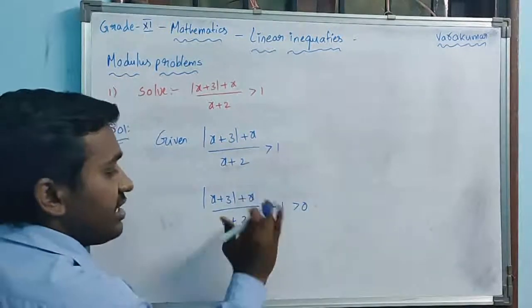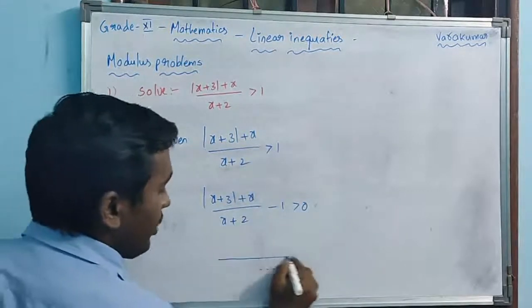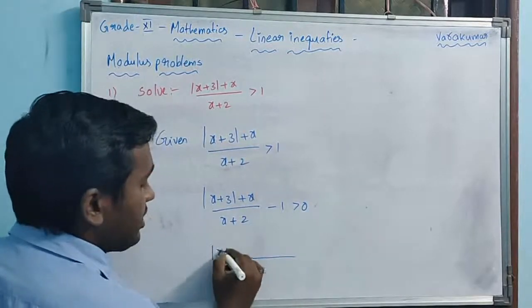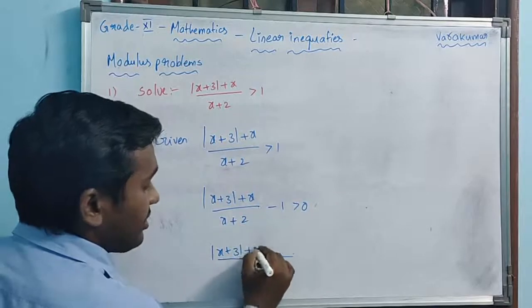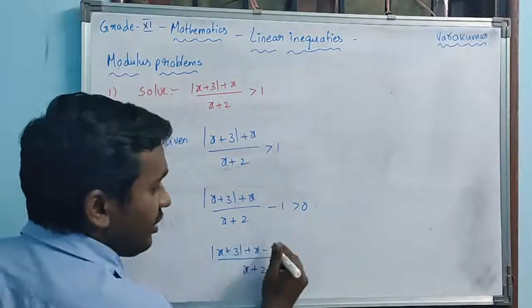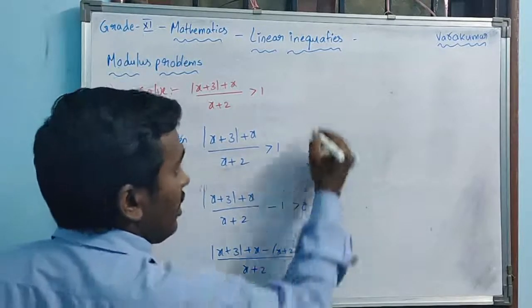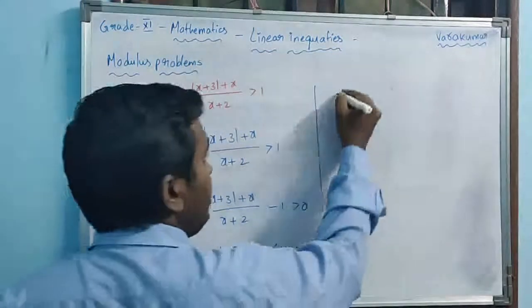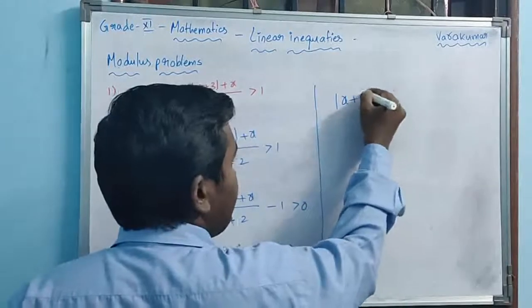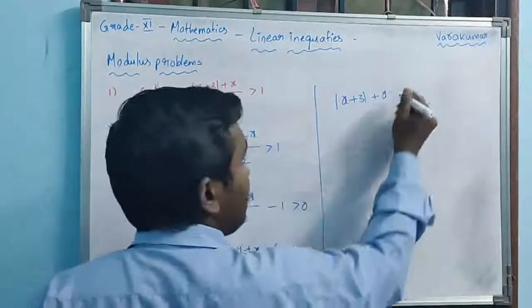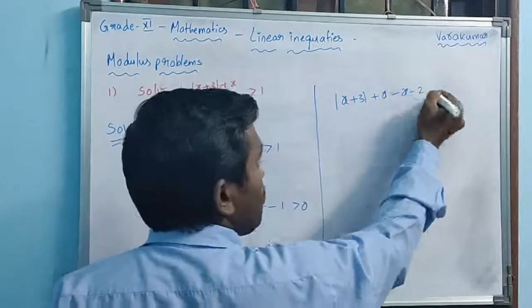Now we can take the LCM, which is x + 2. So it becomes (|x + 3|(x + 2) + x - 1(x + 2))/(x + 2) > 0.